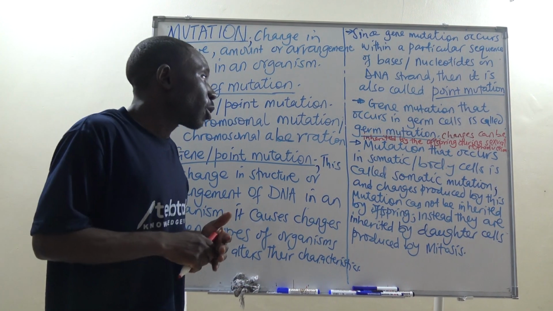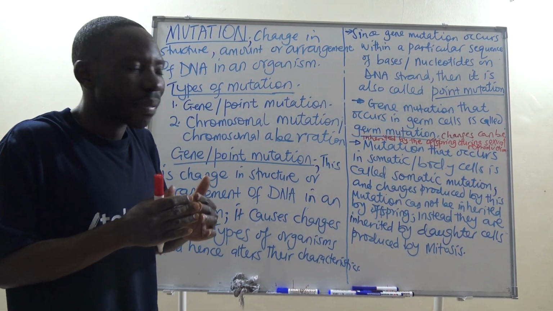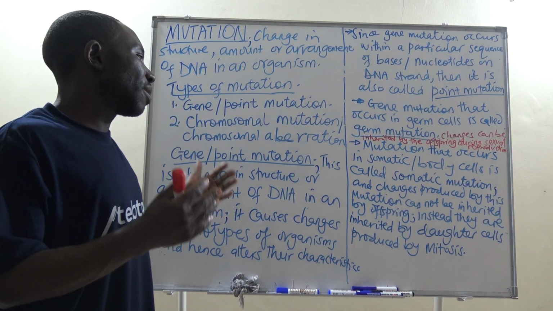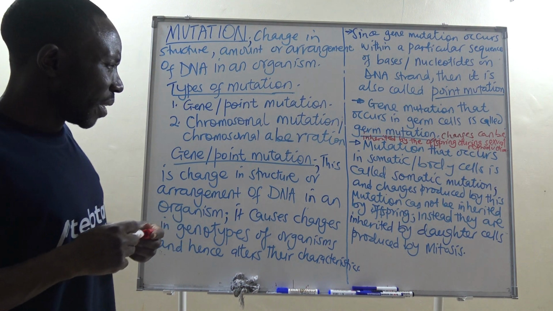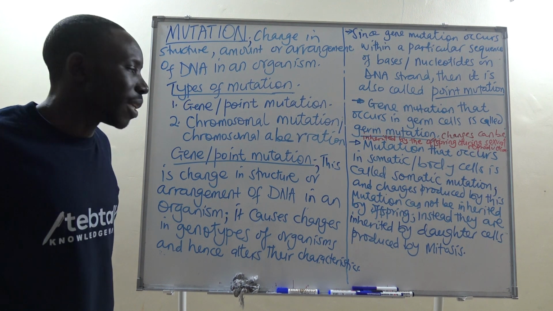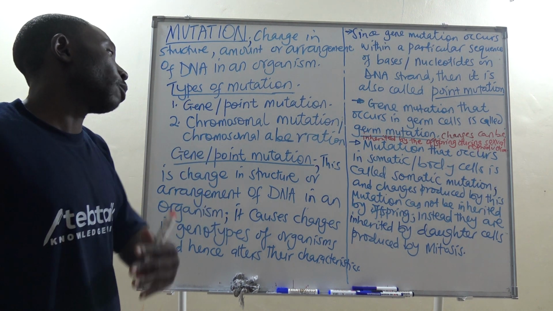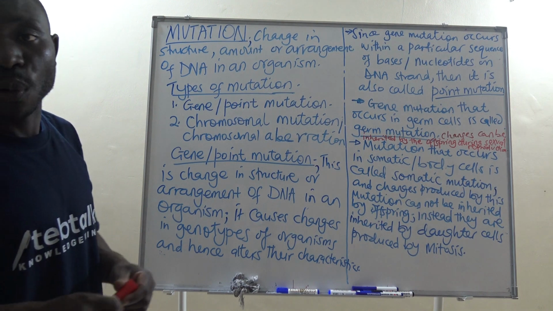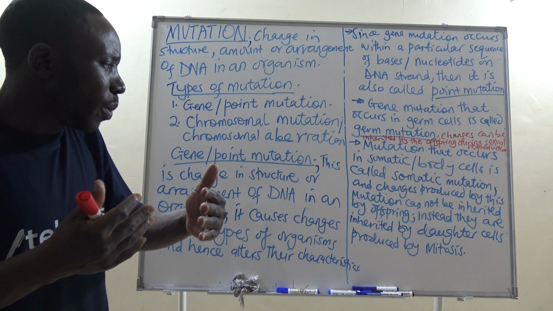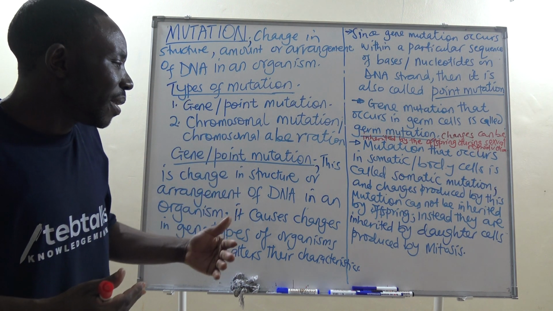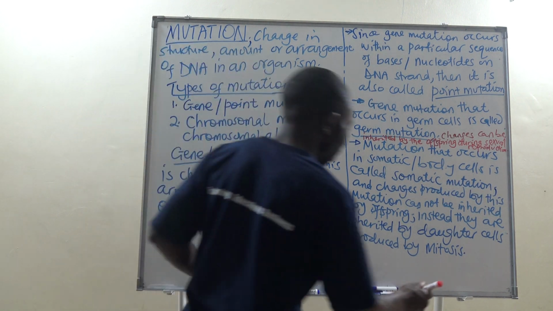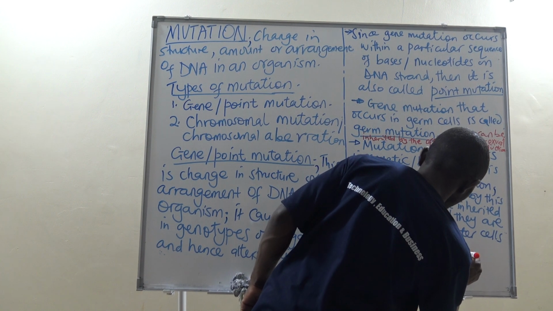So changes produced by germ mutation can be inherited by the offspring during sexual reproduction, whereas the changes which occur as a result of mutation in somatic cells or body cells can never be inherited by offspring, but rather they can be transmitted to the daughter cells produced by mitosis.